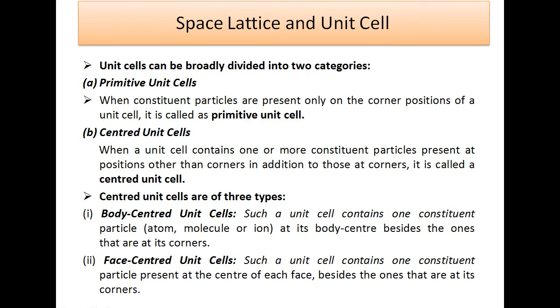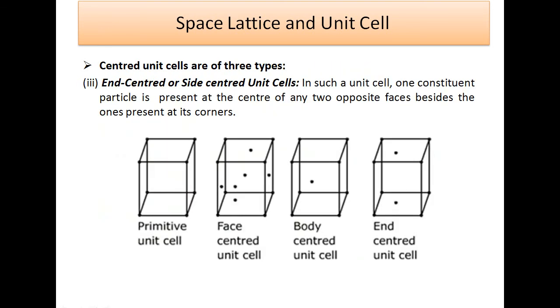In such a unit cell, the constituent particle is present at the body center of the cell in addition to the particles at the corners. In a face-centered unit cell, we have a constituent particle at the center of each face in addition to the particles at the corners of the unit cell.